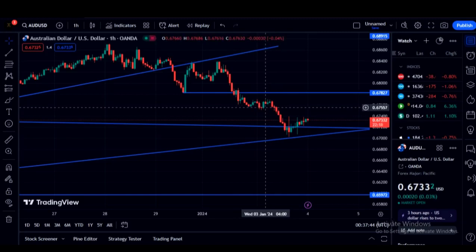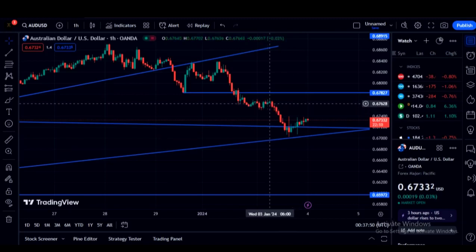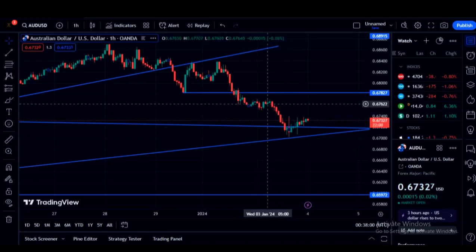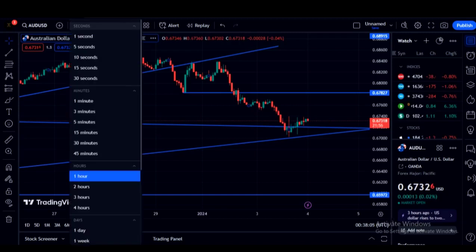So I entered the trade somewhere around here because I was sure the market was going to go down. How did I know that? Because I saw this pin candle here, and another one here, so I knew the market was going to go down. I entered the sell based on that, and I rode AUD USD down.